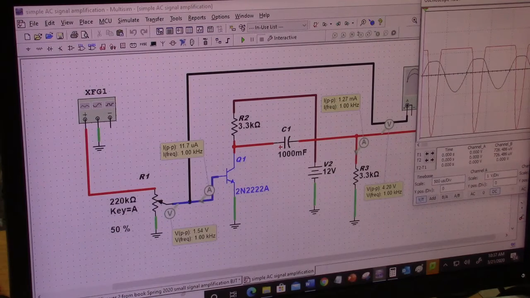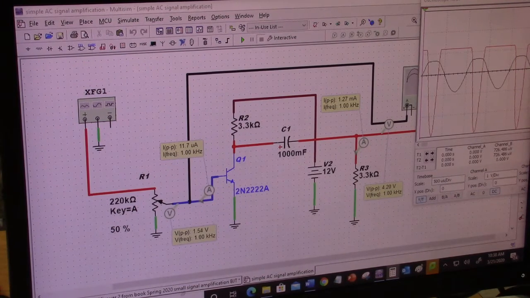But if you look at the current, let me do that real quickly. It's 1.27 times 10 to the minus 3, that's milli, right?